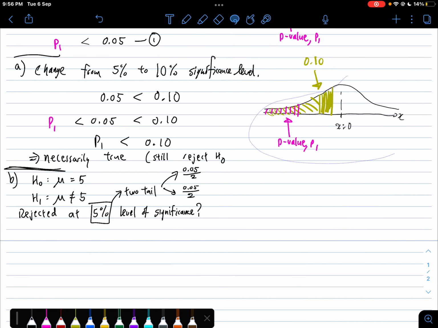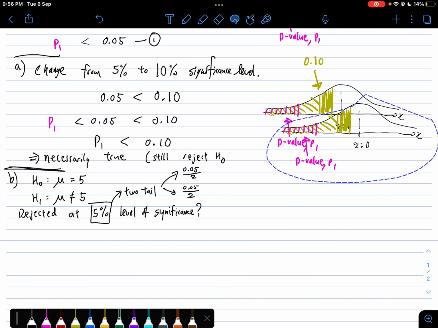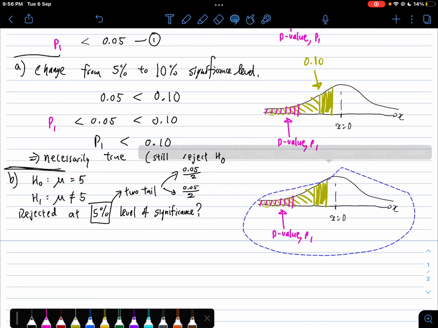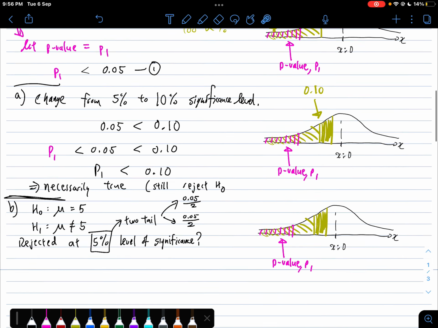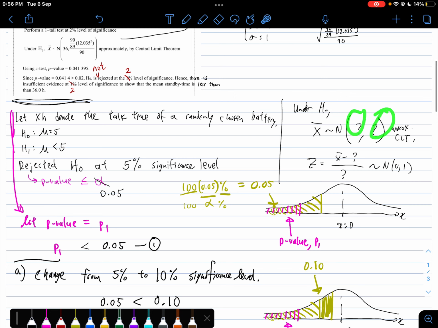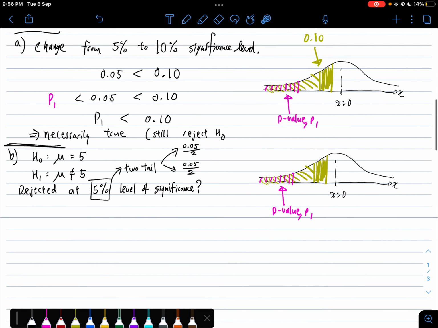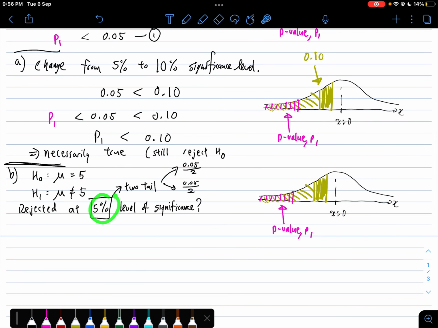The p-value definitely will still stay the same because all of our previous data, the mean, the variance, sigma square, s square, and all that stays the same. The only thing that changes in our scenario is the alpha that we are looking at, and the two-tail. This doesn't affect our test statistic value, and hence our p-value.